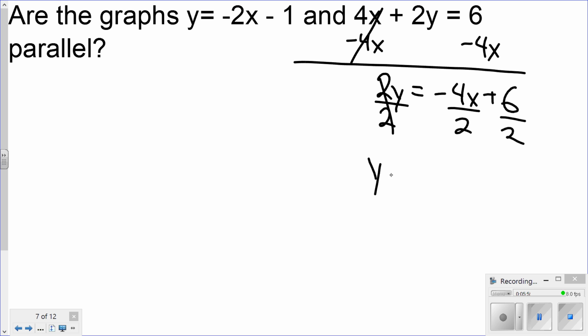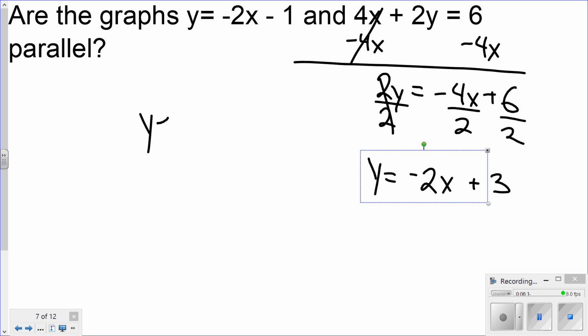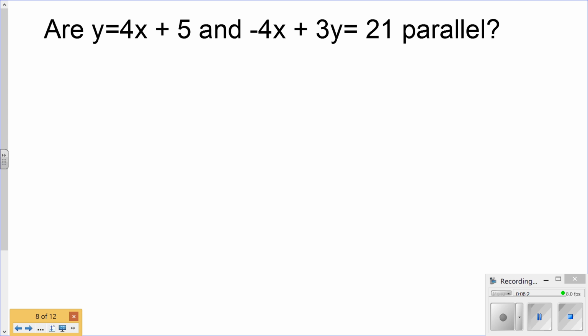So y equals negative 2x plus 3. So with the equations y equals negative 2x minus 1 and y equals negative 2x plus 3, same slopes, different intercepts. Yes, these are parallel lines. Are these parallel?